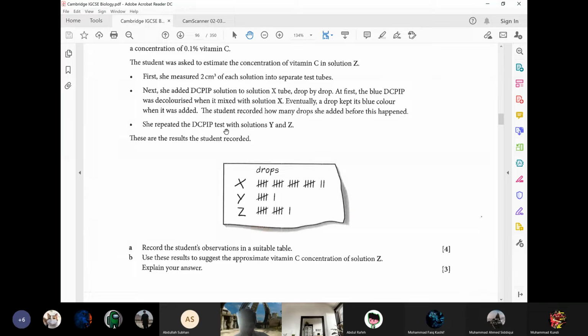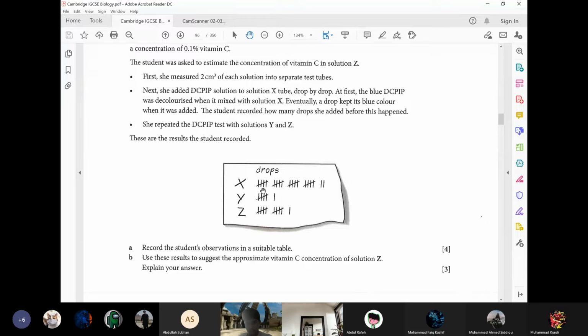She repeated the DCPIP test with solution Y and Z. These are the results the student recorded. Now look here. This is called a tally chart. Remember, boys, this is called a tally chart. What do we do in a tally chart? We make 4 lines and then we cross all the 4 lines.